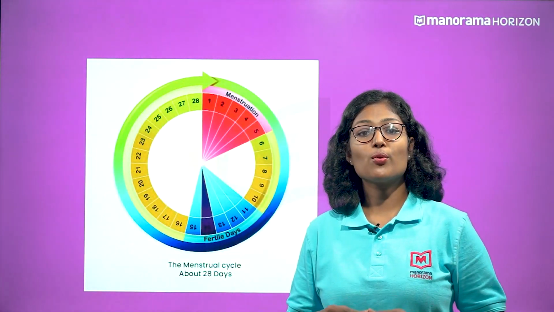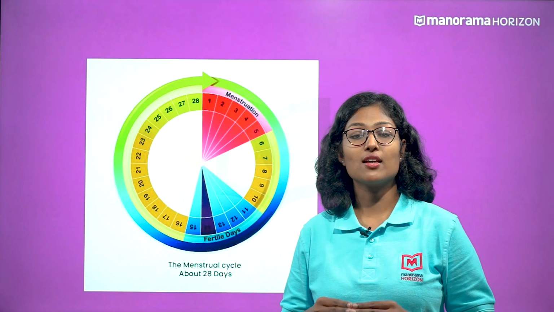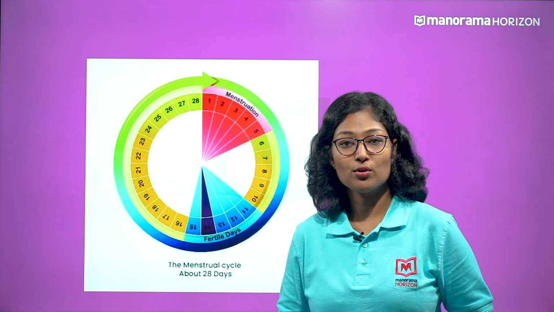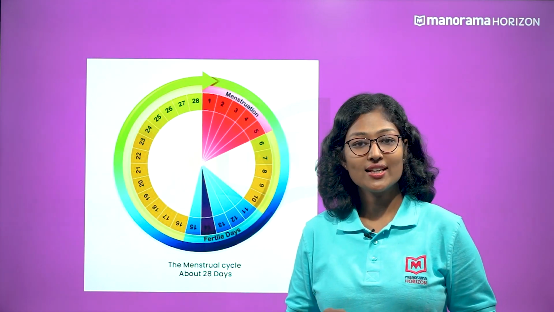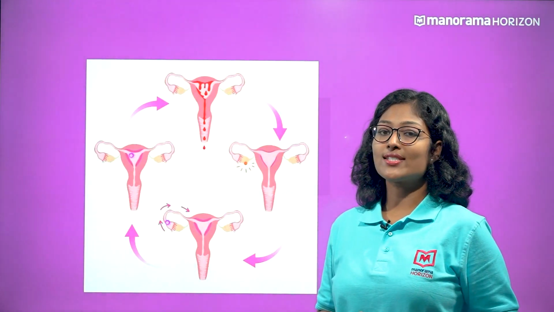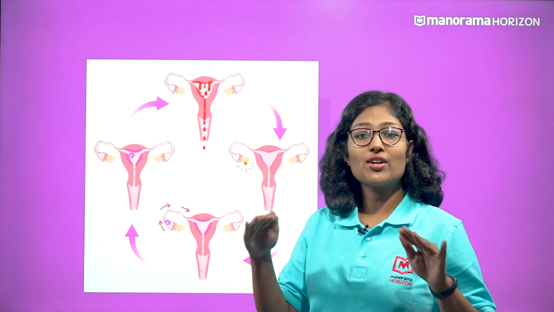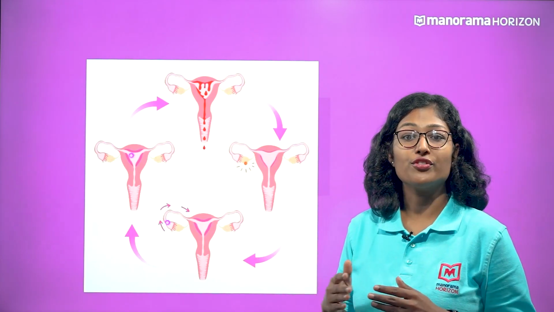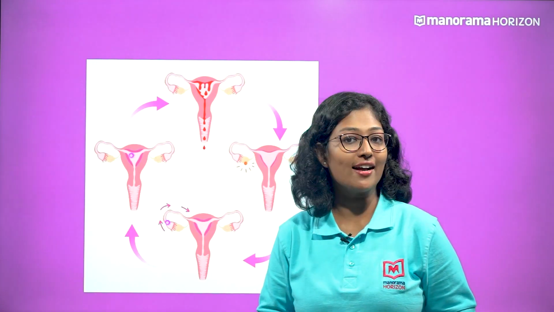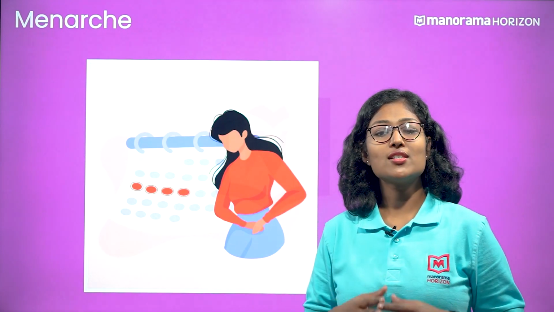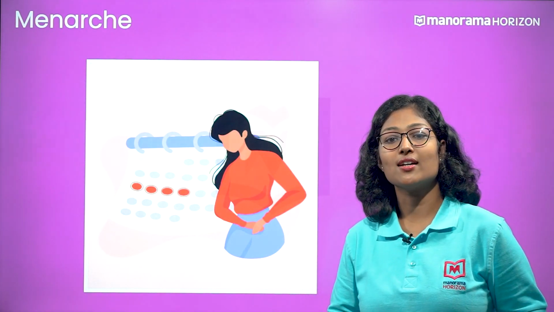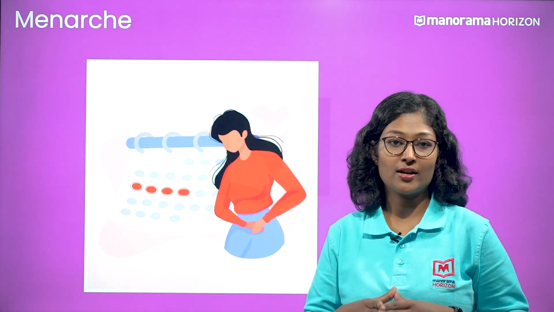The average duration of the menstrual cycle in human females is about 28 or 29 days. The menstrual cycle includes a series of changes in the uterine lining that prepare it for the reception of the fertilized egg. The onset of the first menstrual cycle in humans is called menarche.